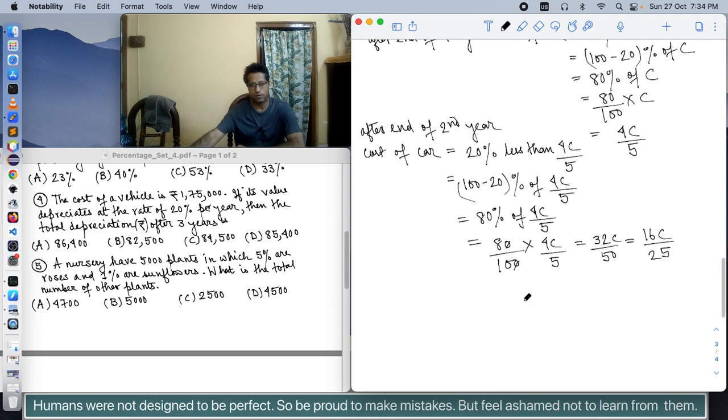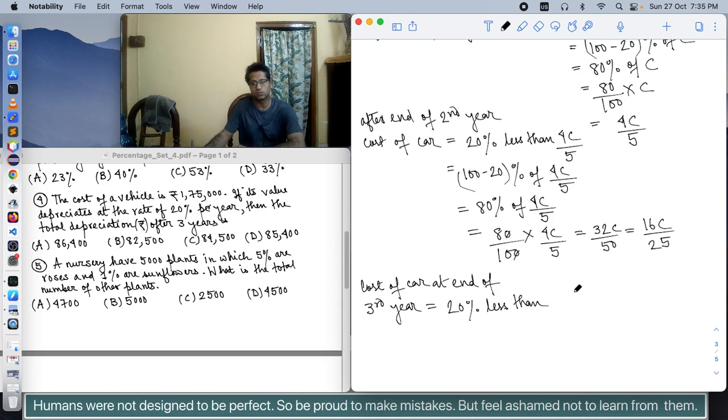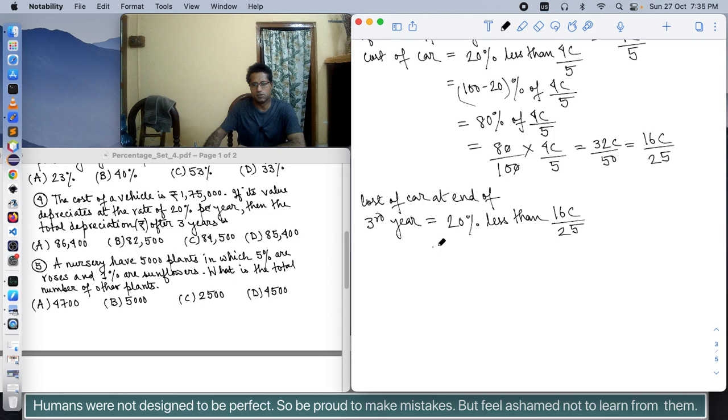We have to calculate the total depreciation after 3 years. Again, the cost of the car at the end of third year will be equal to 20% less than the cost of the car at the end of second year, which is 16C by 25. 20% less means 100 minus 20% of 16C by 25.